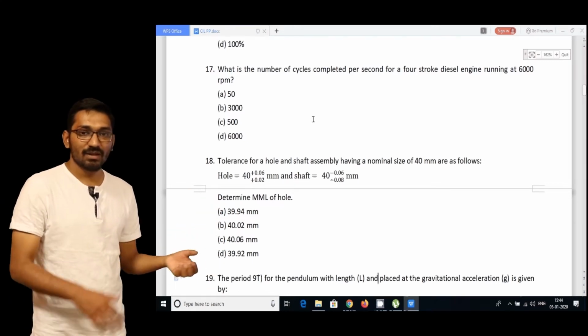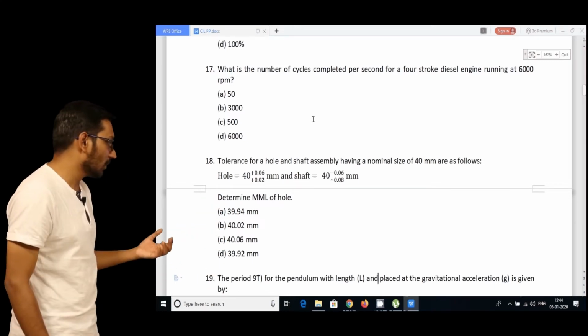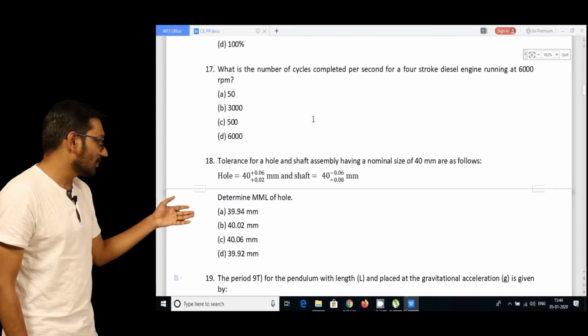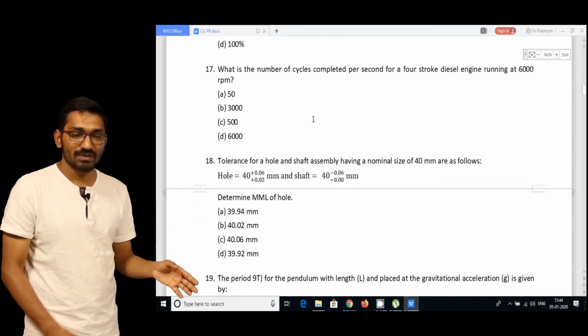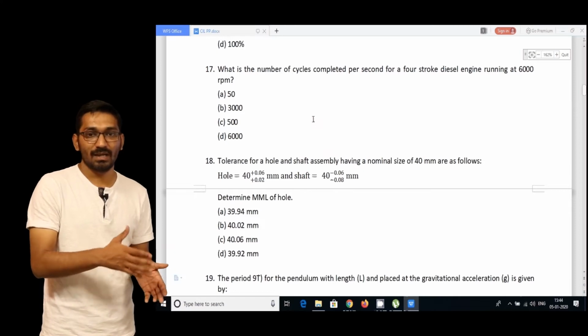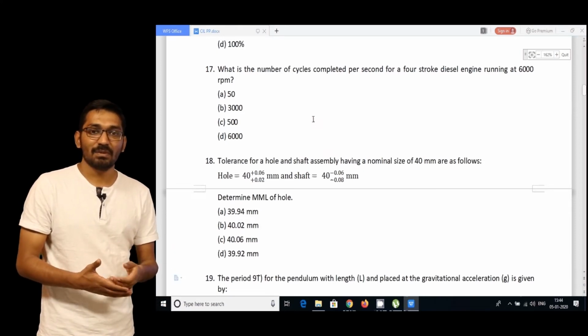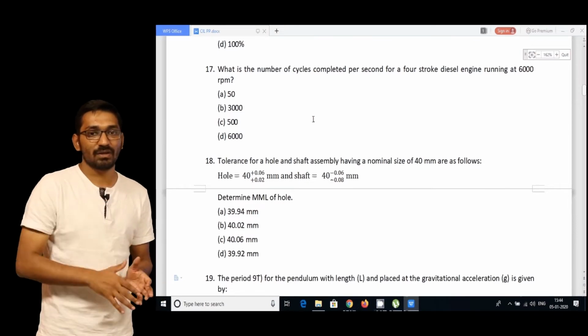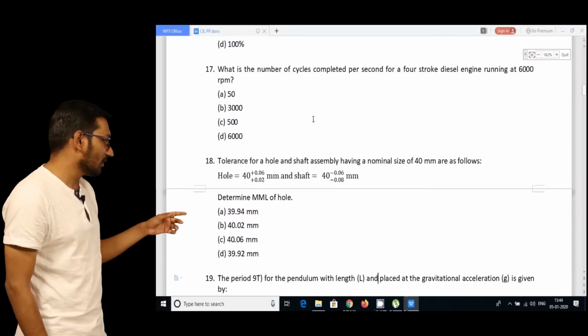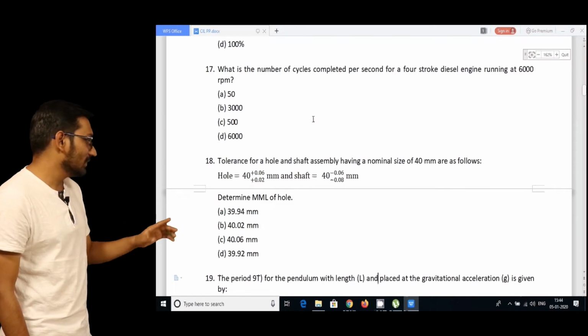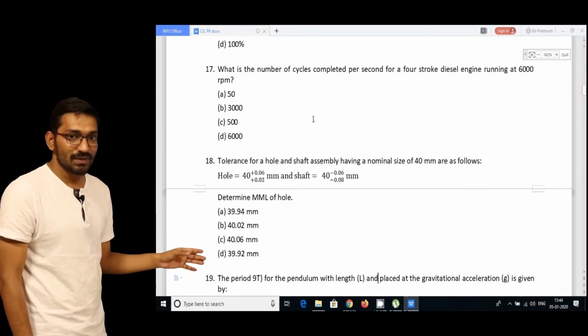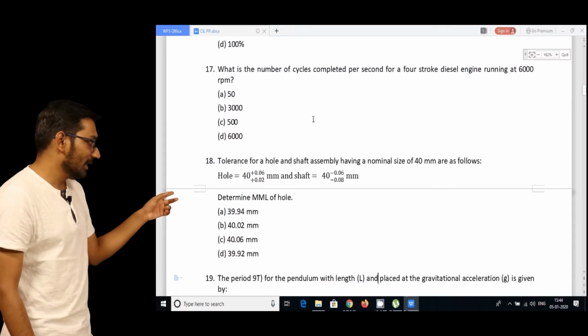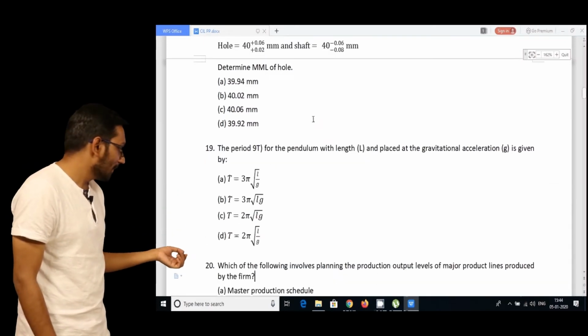We have to determine the MML of the hole. What is the MML? MML is the maximum metal limit. The maximum metal limit for the hole is the upper limit of the tolerance, which will be 40.02. So the answer will be 40.02 for the hole. It is asking for MML, right?